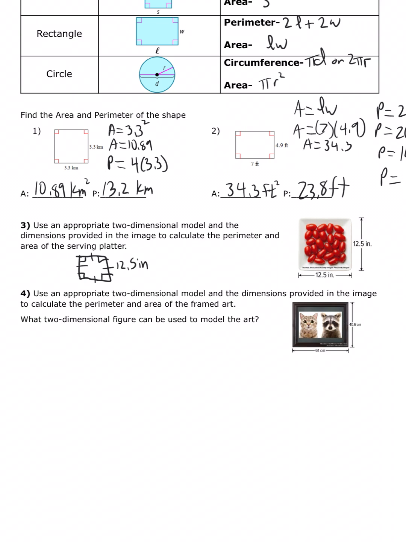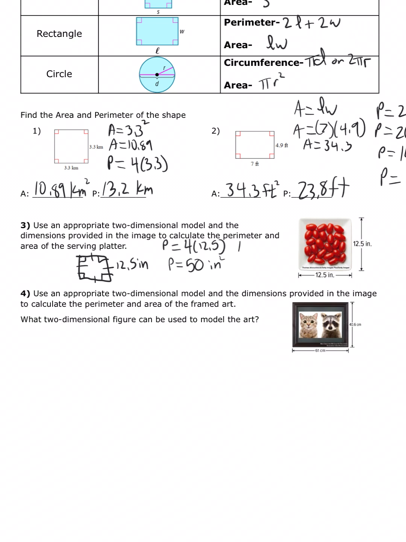And because one side is 12.5 inches and we have all the tick marks around, that means all sides are 12.5 inches. So now to find the perimeter, that's going to be 4 times 12.5, which is going to be 50 inches.